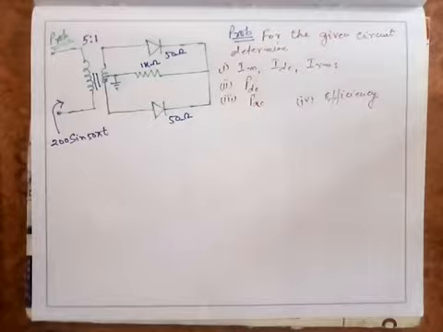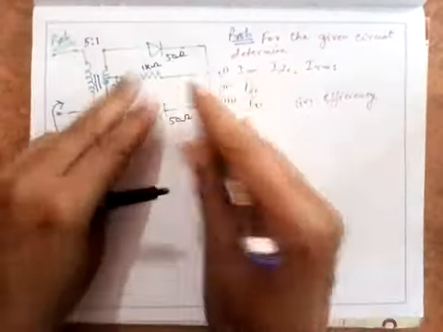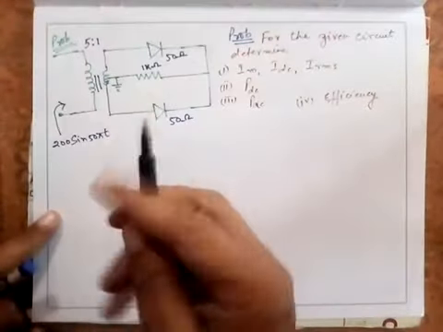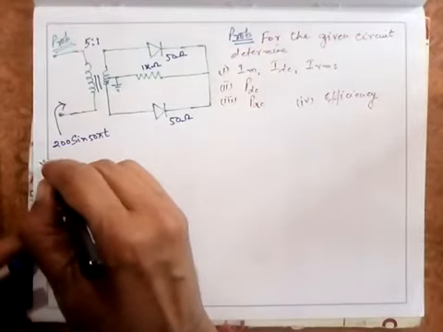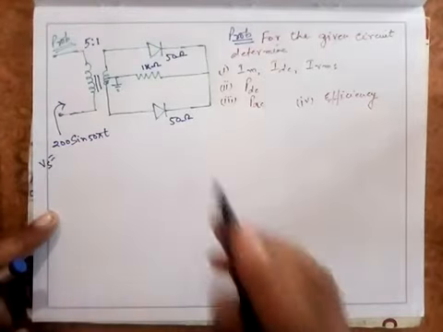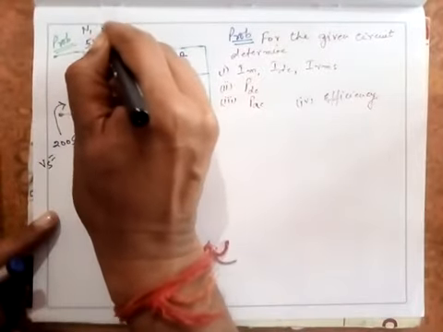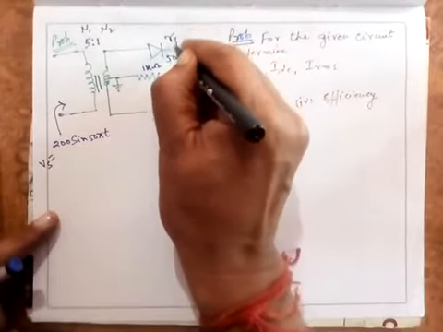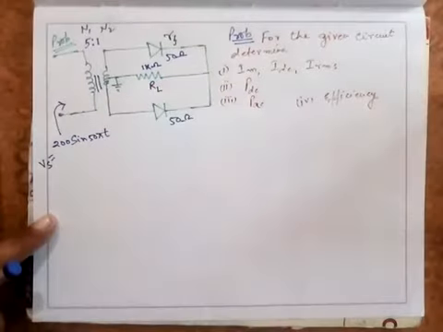Now look at the very first thing given to you. Suppose this is RF. Now I name this voltage Vs, given to you. This is the turns ratio, I assume this as N1 and this as N2. This diode resistance is RF, and this load resistance I assume as RL.